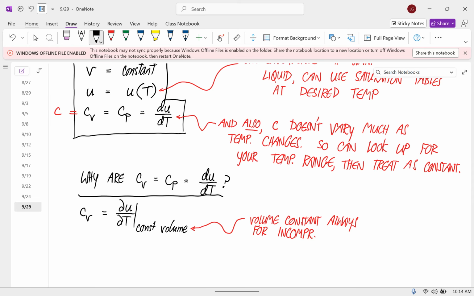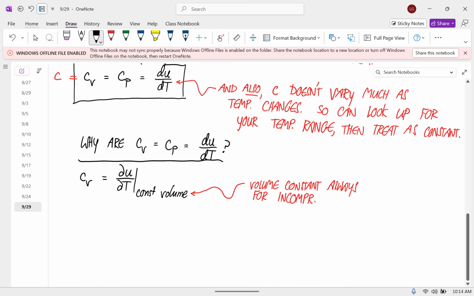And then second, since the specific internal energy is only a function of temperature, you only need that partial derivative definition if things are functions of multiple variables.